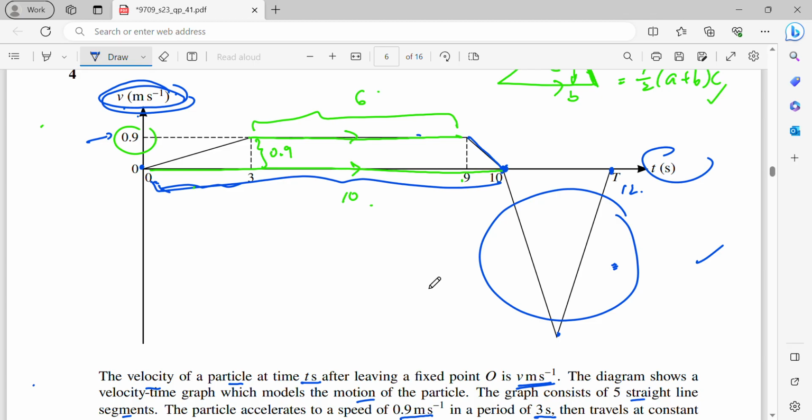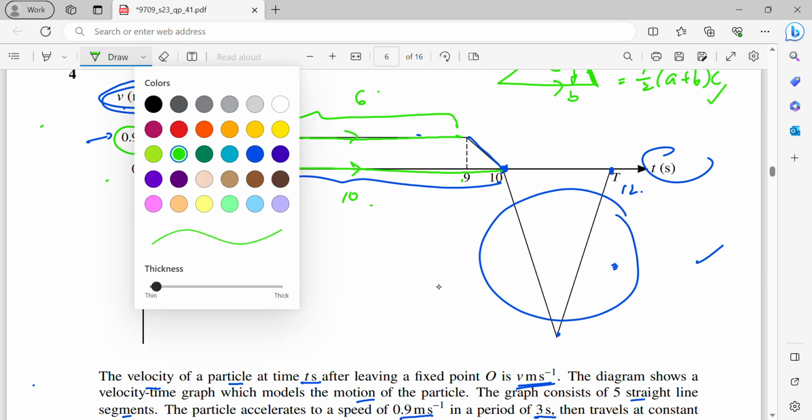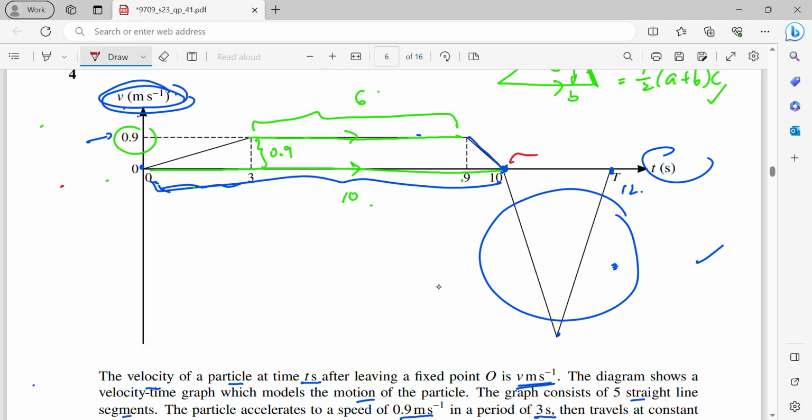Another option is you can just use the area under the curve. From here, we know that this is 2. Then you let this be the v minimum. So this is a triangle, and the area of a triangle is half of a times b.